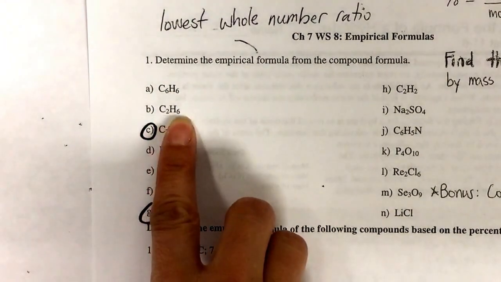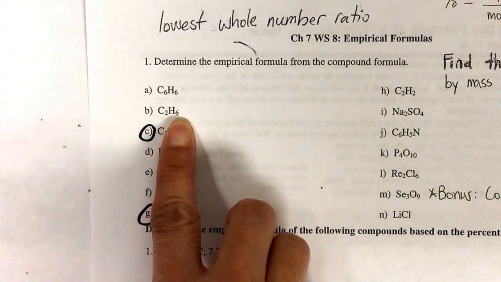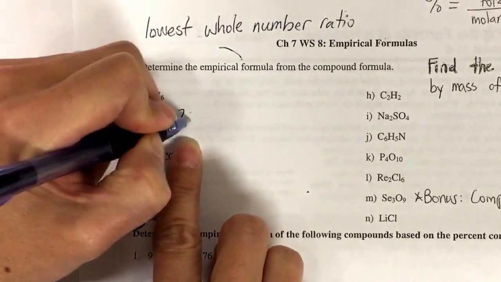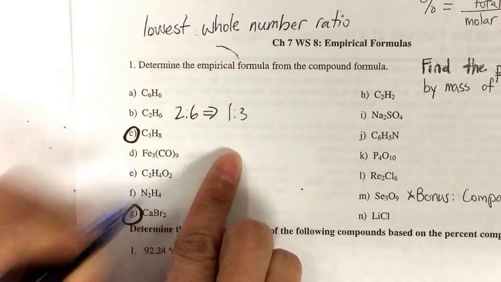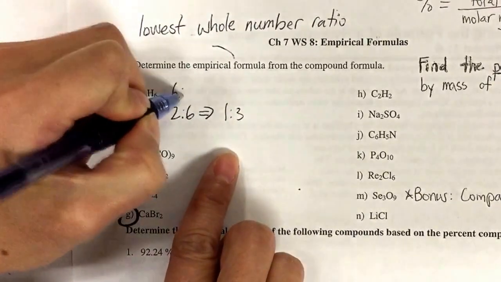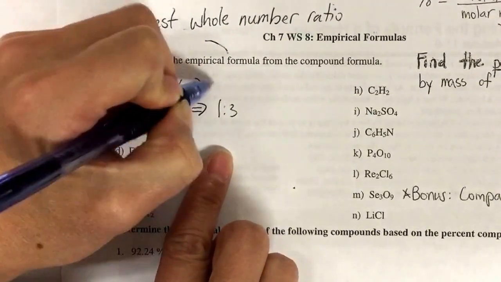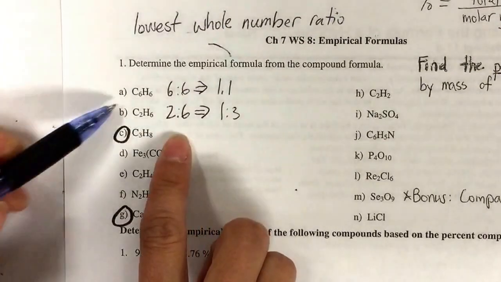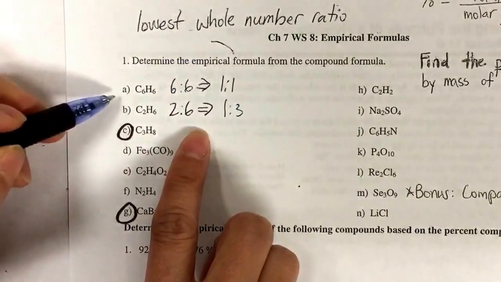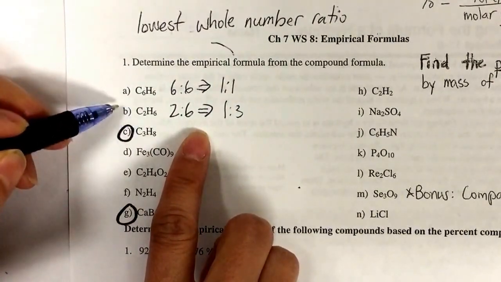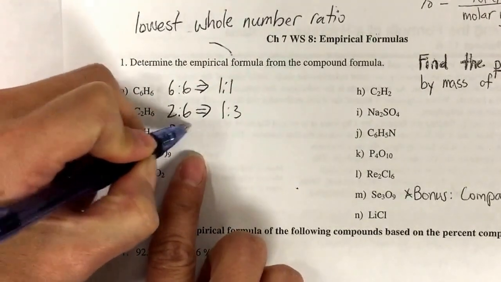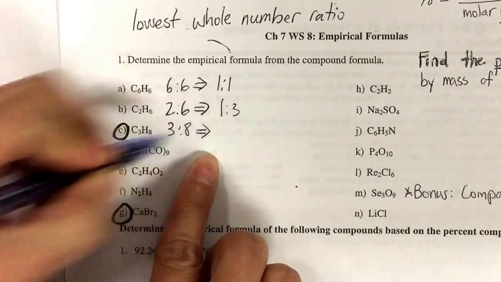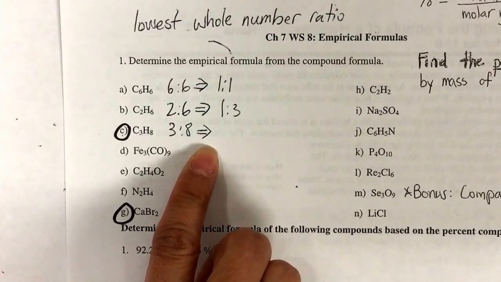A 2-to-6 ratio can be reduced down to a 1-to-3 ratio, just like a 6-to-6 ratio can be reduced down to a 1-to-1. So because it's reducible, these formulas are called molecular formulas. Now look at this ratio. Does a 3 to 8 ratio reduce any further as far as whole number ratios?